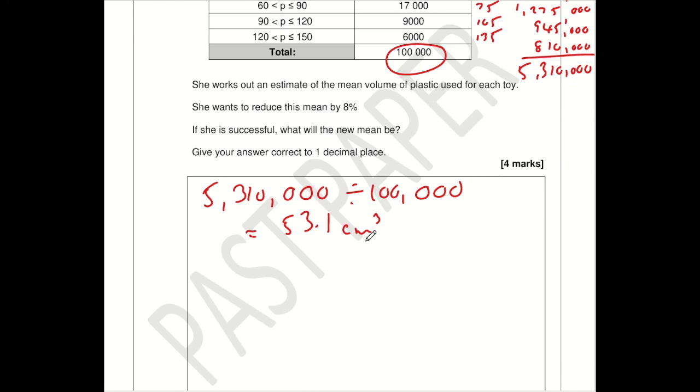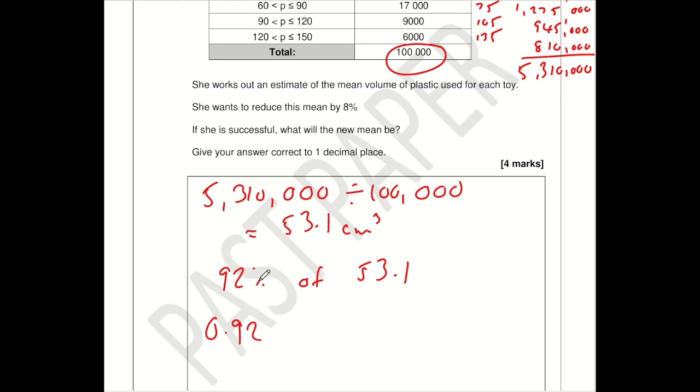Now, if you go to the shop and you're buying a pair of trainers that are 8% off, that means you pay 92%. So all I need to do is work out 92% of 53.1. You could work out 8% of this and then subtract it, but working out 92% is a lot quicker. Now the multiplier for 92% is 0.92. This is the decimal equivalent of this percentage figure.